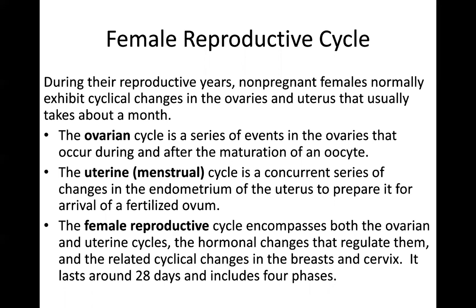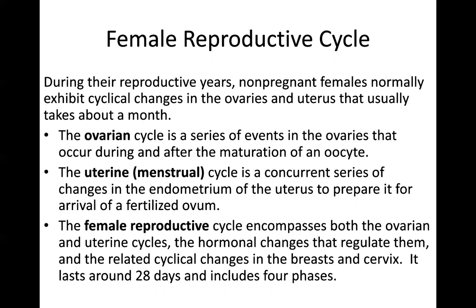And then what's going on in the uterus is more commonly called the menstrual cycle, which specifically talks about the changes to the endometrium, preparing it for the arrival of a fertilized ovum. Does it receive a fertilized ovum every month? No, but it's a possibility, and it's getting ready for it if it does happen.